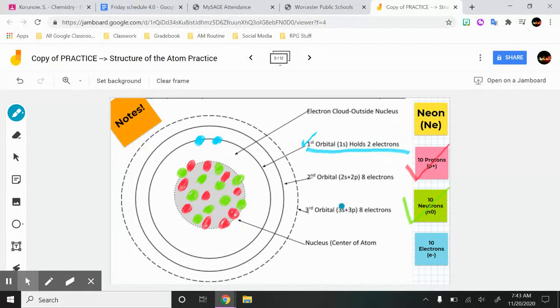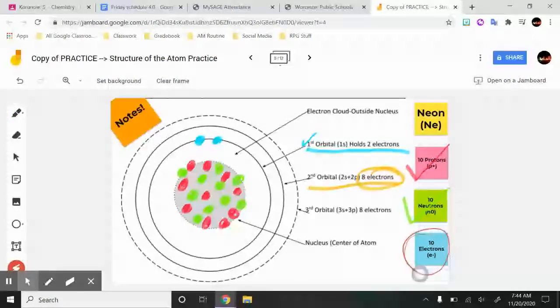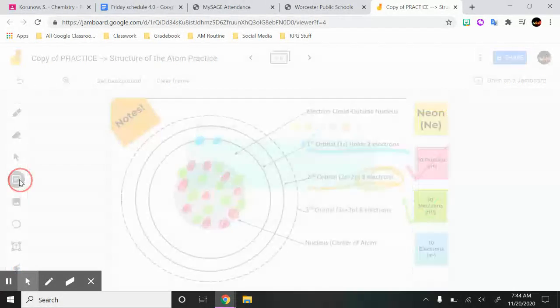So now I have to move on to my second ring, my second orbital, and it can hold up to 8. So if I look at my number of electrons, I have 8 left. I've used 2, and I have 8 left. So what I'm going to do is start filling them in a very specific pattern.